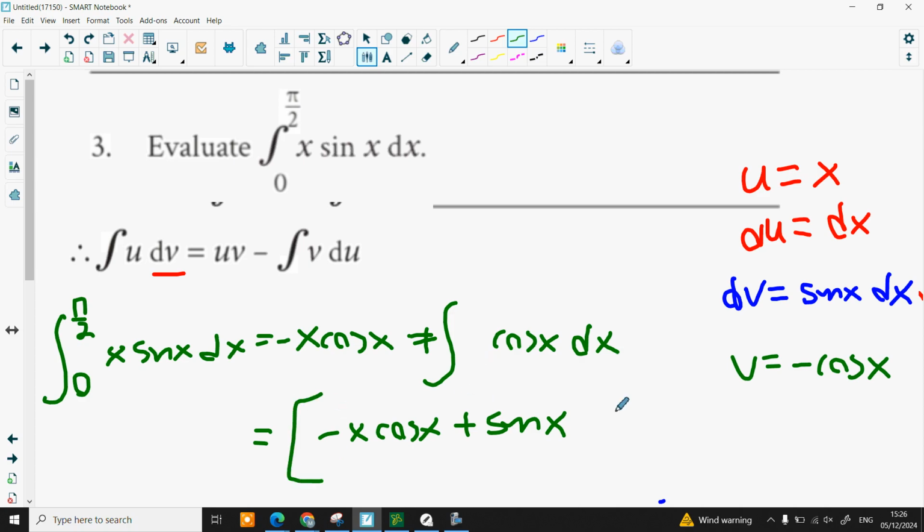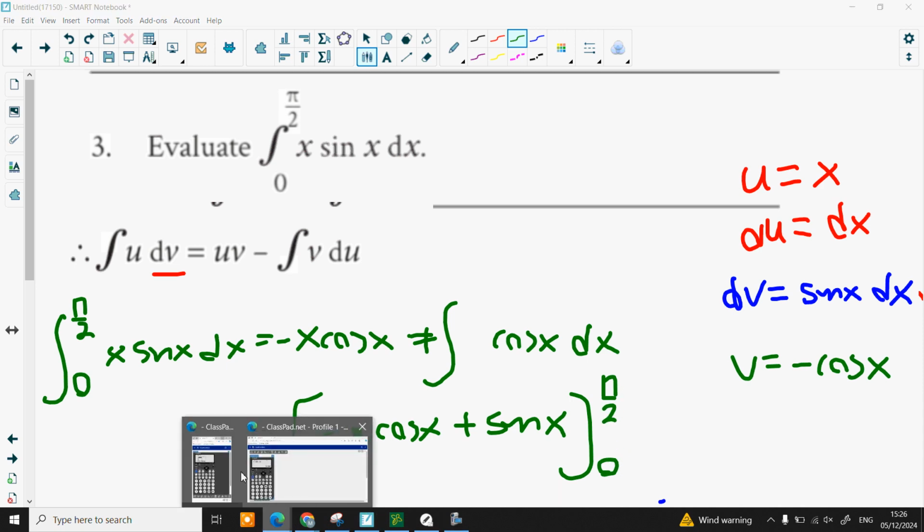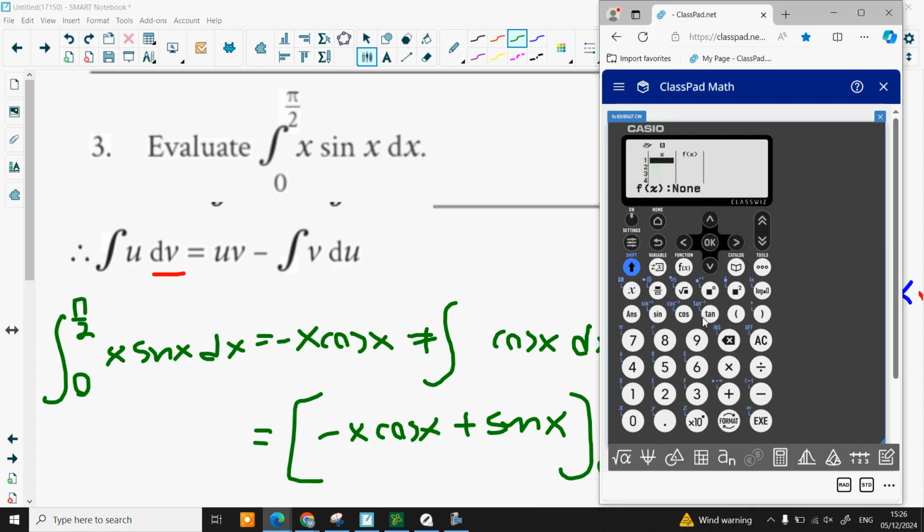And then we get that from pi over 2 and 0. If I was in the Leaving Cert exam, I'd be going to the table function right now, and doing the find function. Am I in radians? I am, and I'd be doing it like this: minus x cos x, and then plus sine x, and then I'd close it down like that.